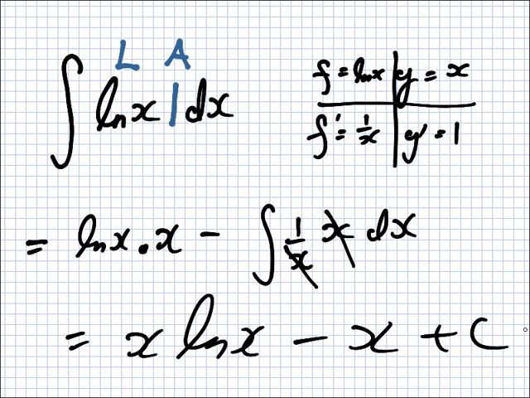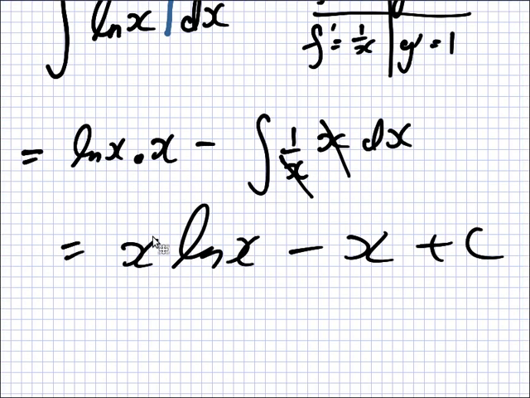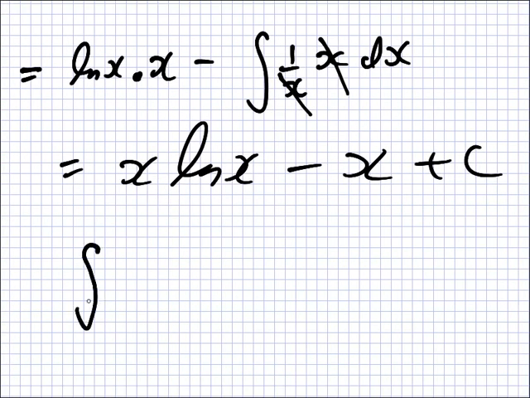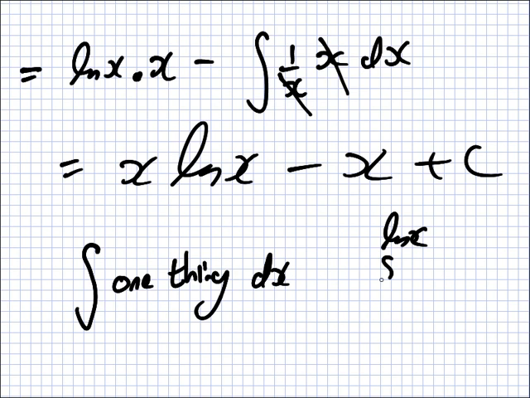I'll give you a guideline for the exam, okay? If you ever get a question in the exam where they ask you to integrate one thing, like for example, log x, sine inverse x, cos inverse x, whatever. Obviously it's not substitution because there's nothing to substitute here. And obviously they didn't give you a question where you could just look this up in the formula book.